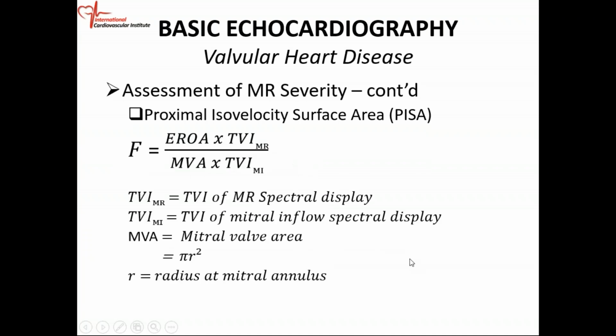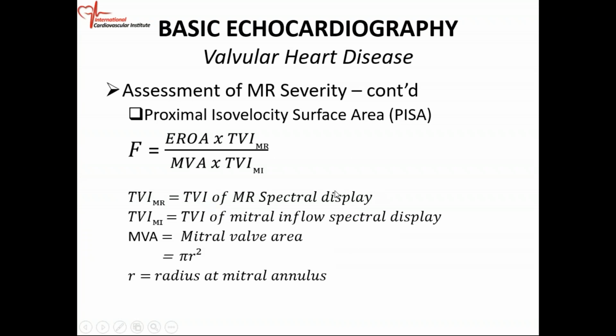So again, you'd have to get the diameter of the mitral annulus. To get the mitral valve TVI, you look at the mitral inflow and you just trace the spectral envelope.